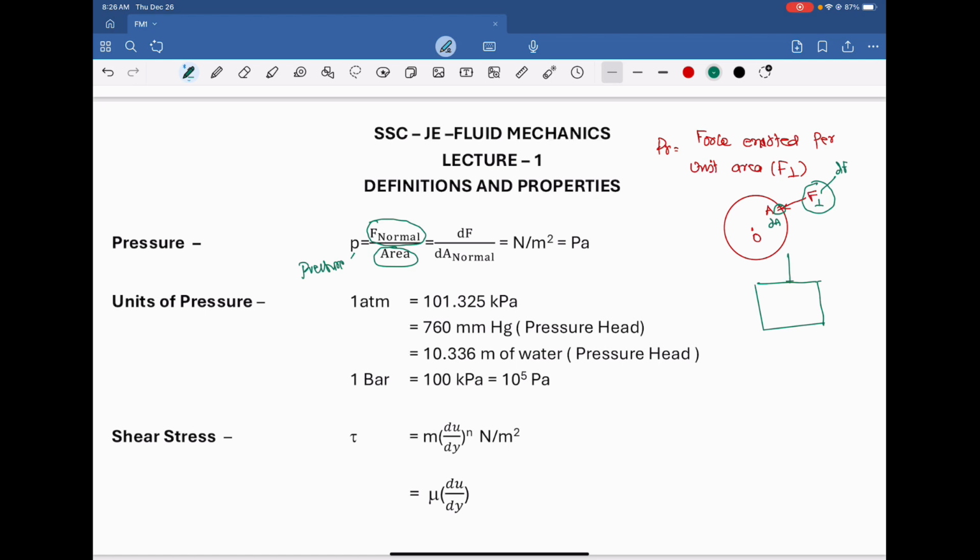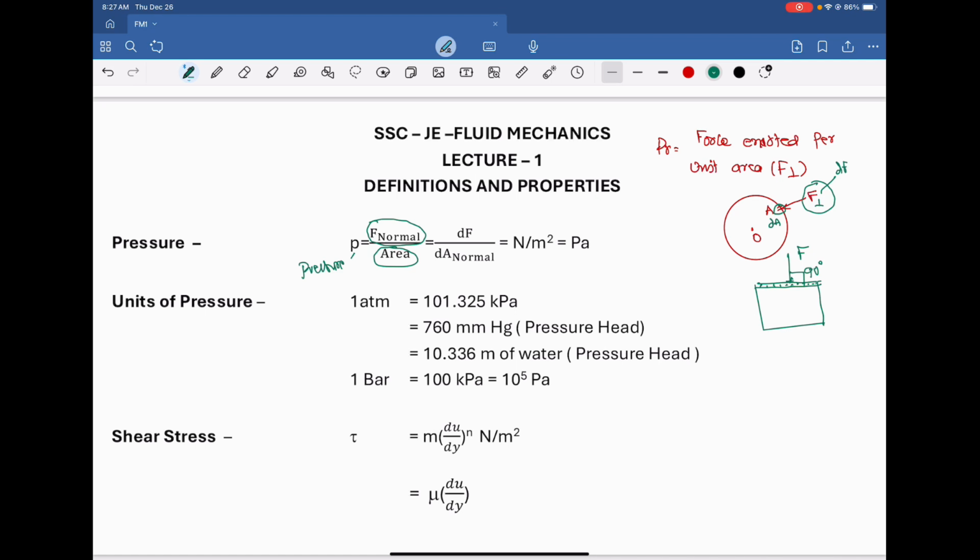This is the force, this is the area of cross section on which the force is acting. Both should be at a 90 degree angle. Normal force divided by the area of cross section on which it is acting.